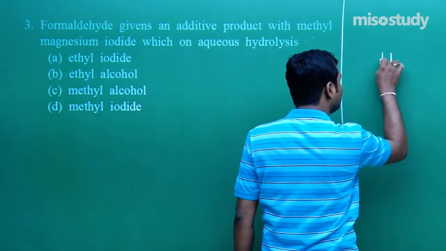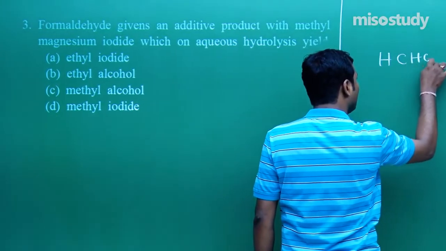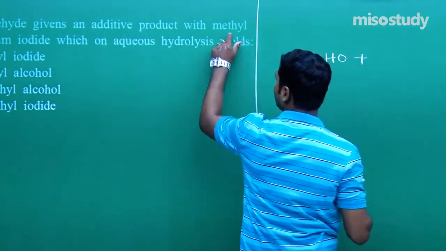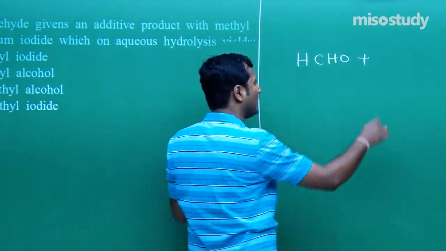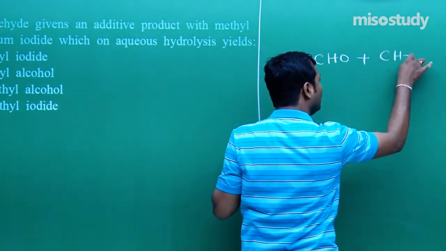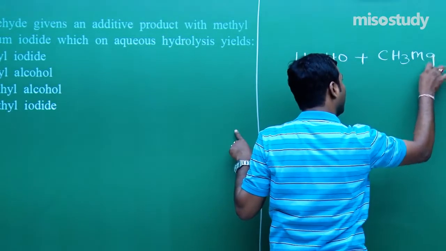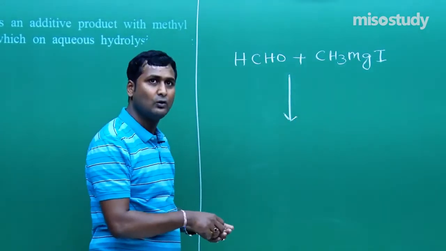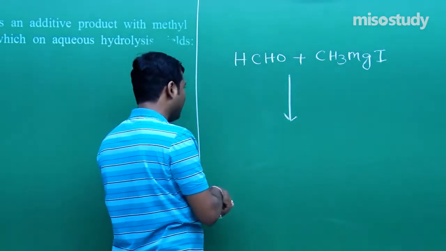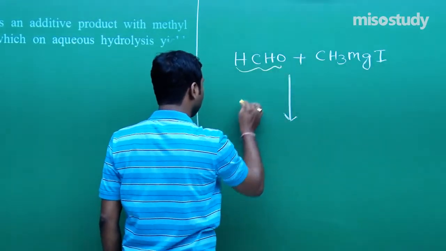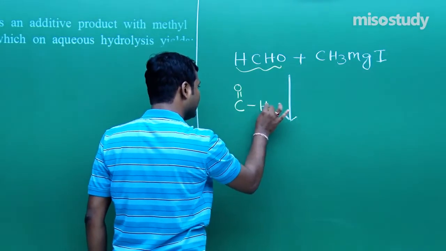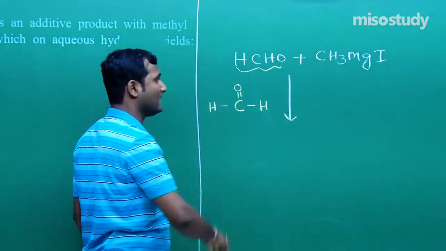Formaldehyde, that is HCHO, gives an additive product with methyl magnesium iodide, CH3MgI. Write down the product. What will happen? It can be written like this: C double bond O, this one is H and this one is H.